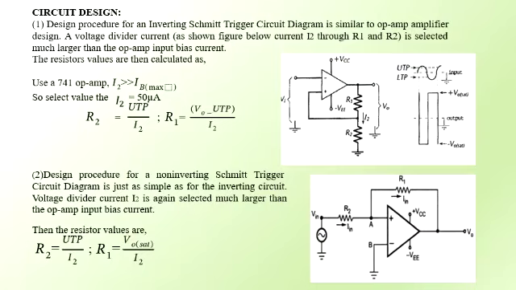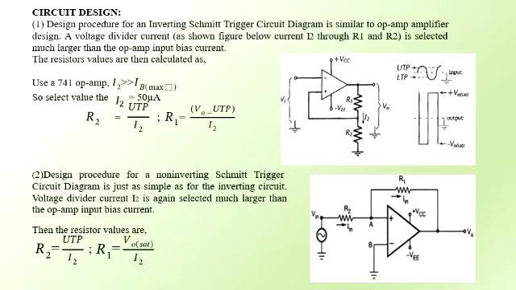Next is the design procedure for the non-inverting symmetrical circuit, which is just like the inverting one. The voltage divider current I2 is much higher than the input current, the same condition.